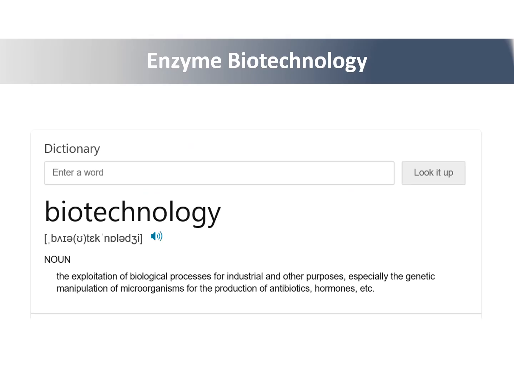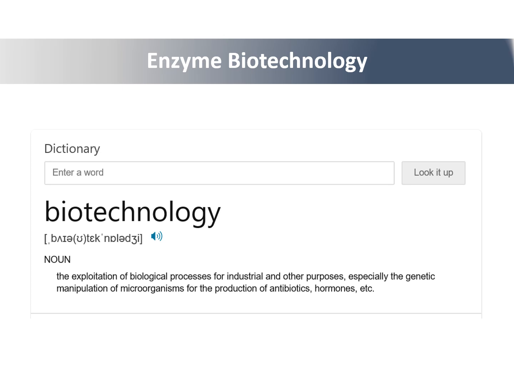So there is this exploitation of biological processes for many purposes, especially the genetic manipulation of microorganisms or plants or animals or humans for the production of whatever we need: antibiotics, hormones, enzymes, many other processes. So biotechnology involves a whole lot of processes and engineering and things like that.